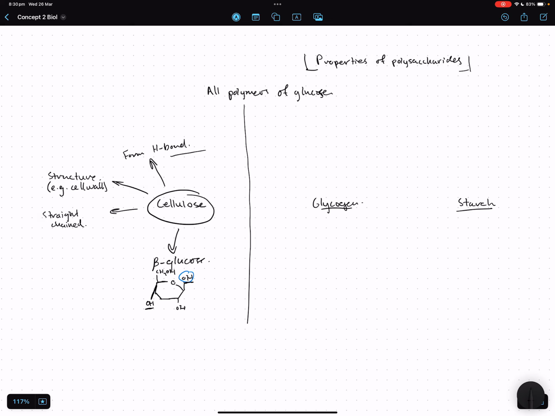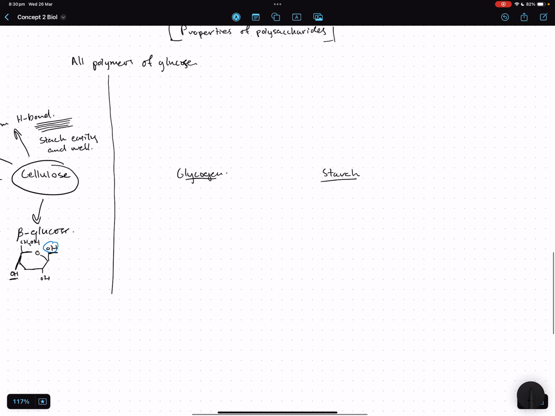They organize into this strandy sort of thing, and they can stack very easily and well. So that's what allows them to have this structure. It all ties back. Also the straight chainness allows it to have that structure, and the beta glucose also, so it really is all interlinked.